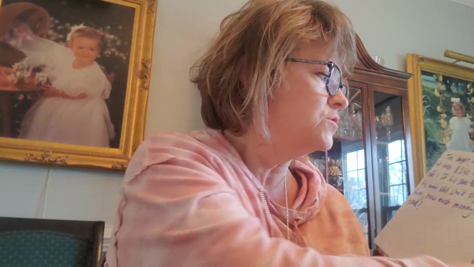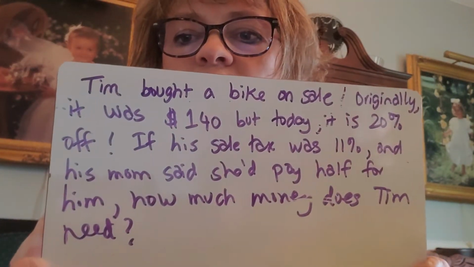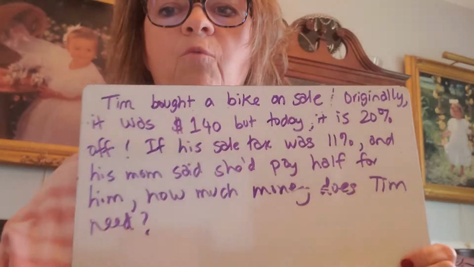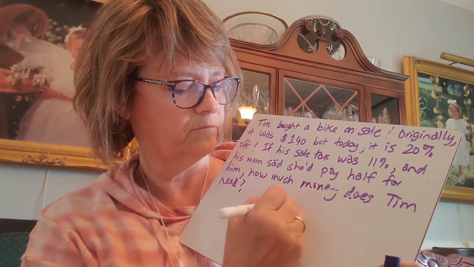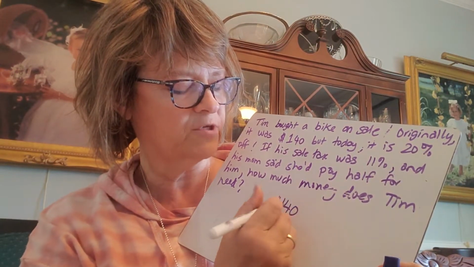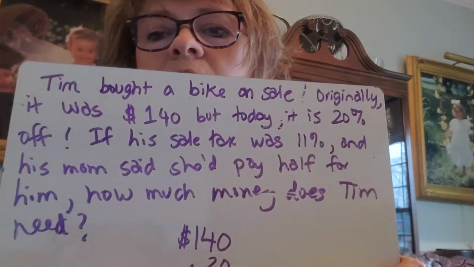So 20% of 140. The basic way to do that, I'm going to hold it up again in case you want to do a screenshot. $140 times 20% is going to give us the discount.